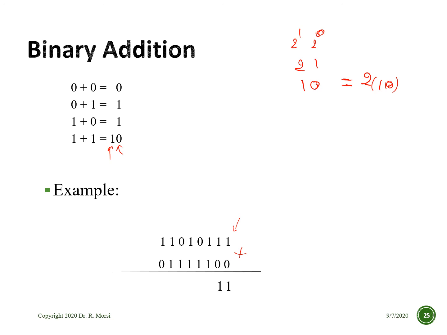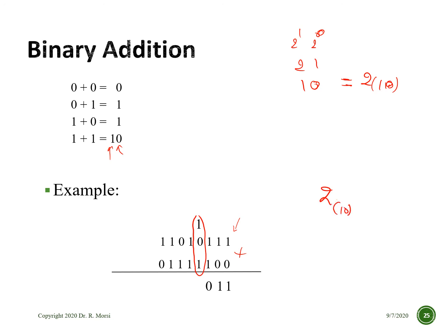Now the third column, 1 plus 0 is a, and I have to say it the way I'm saying it now because that's how you're going to practice. 1 plus 0 is a 0 carry 1. Then now I'm adding 3 together. 1 plus 0 plus 1, and this is how you want to say this. 1 plus 0 plus 1 is a 2 in decimal.